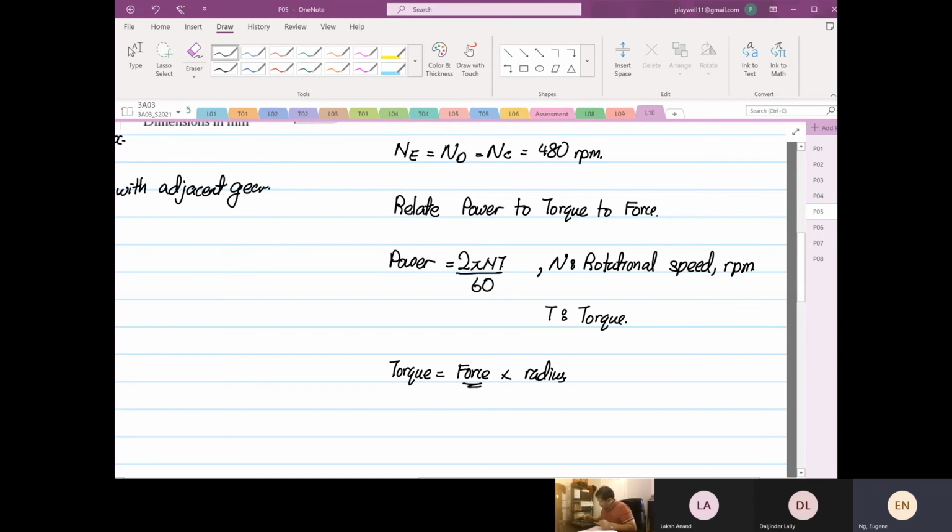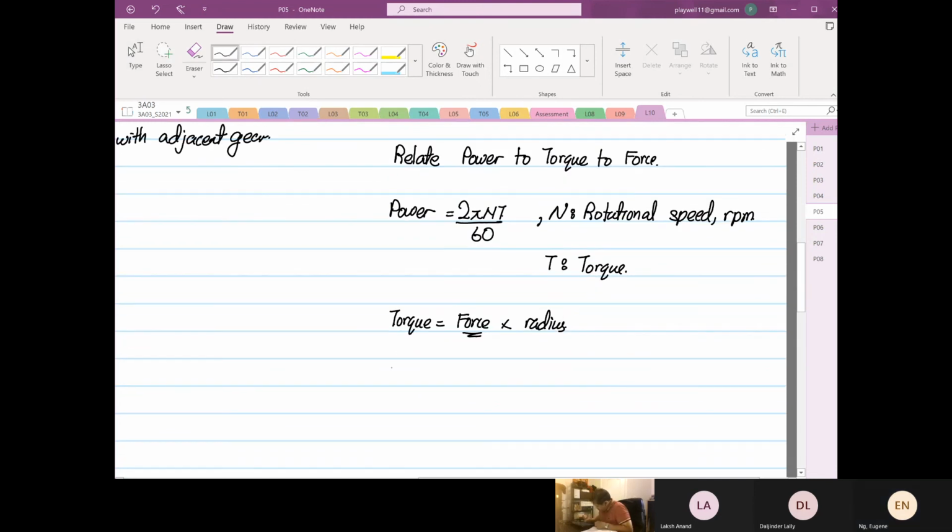So from the force, the bending moment can be calculated. From here we can know our normal stress.